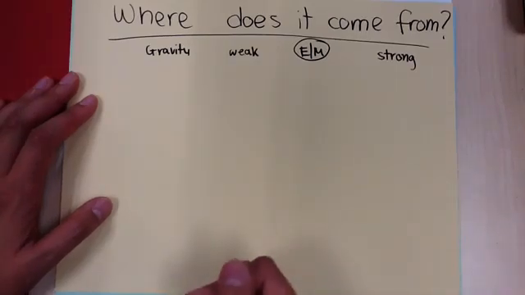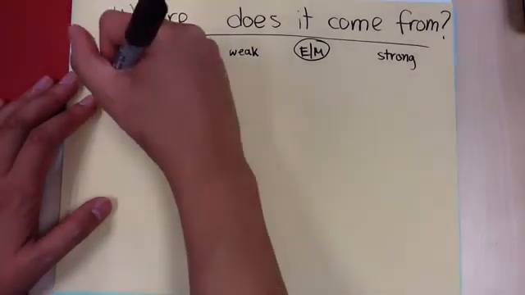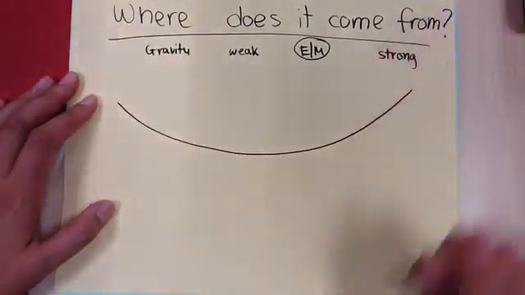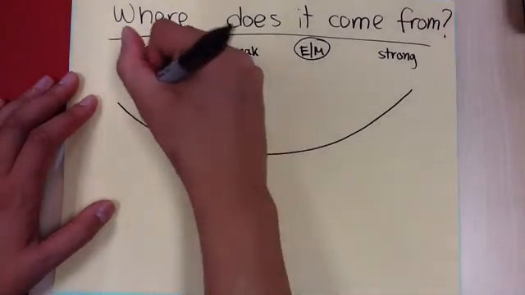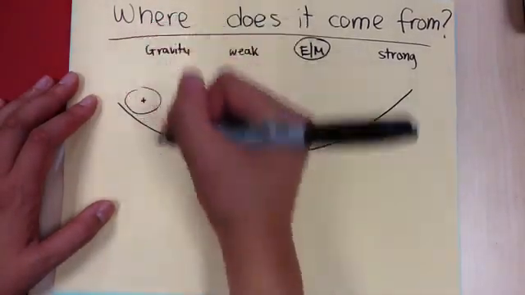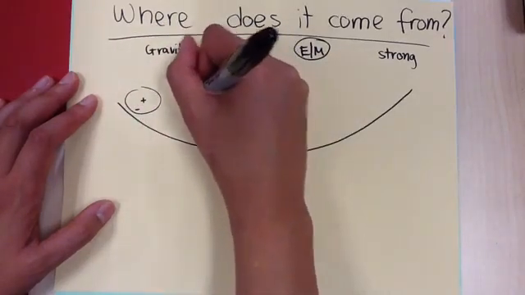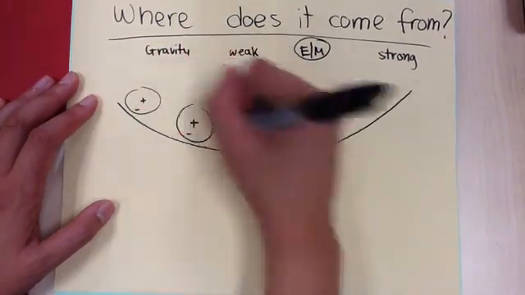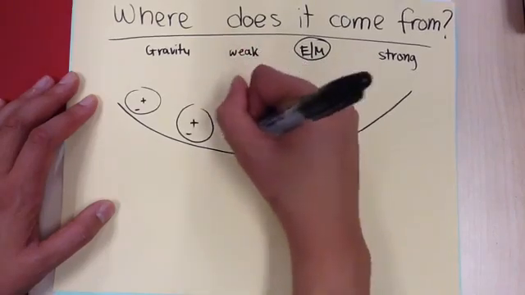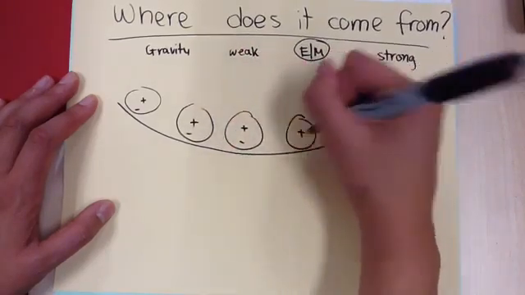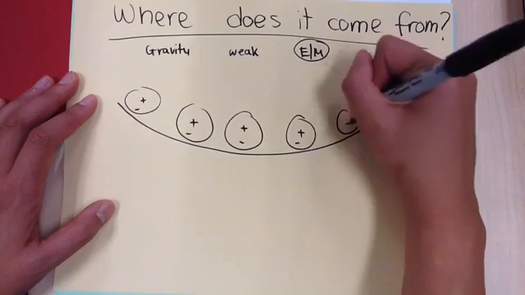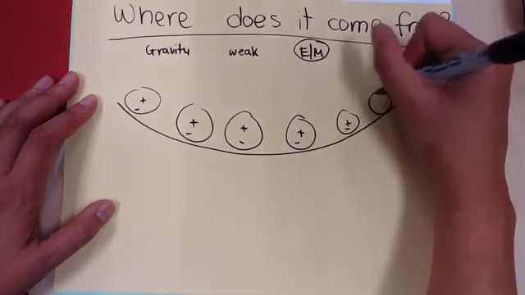But I want you to think about the ball resting in my hand again. Here's the ball, and on the inside, the ball is made of atoms, with a positive nucleus in the center and a negative electron cloud on the outside. And remember, the nucleus is shielded. It's got all these electrons on the outside.